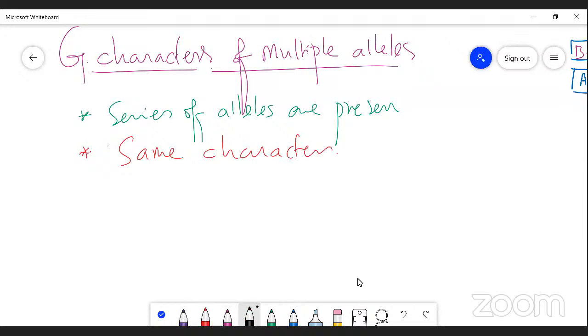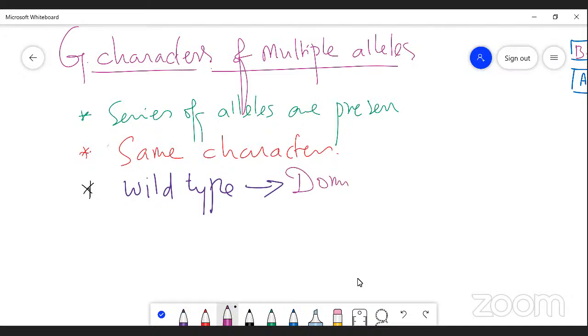Third one. Actually, multiple alleles cause self-sterility. When we take two different varieties, the first category is the wild type. This wild type variety determines the dominant character.